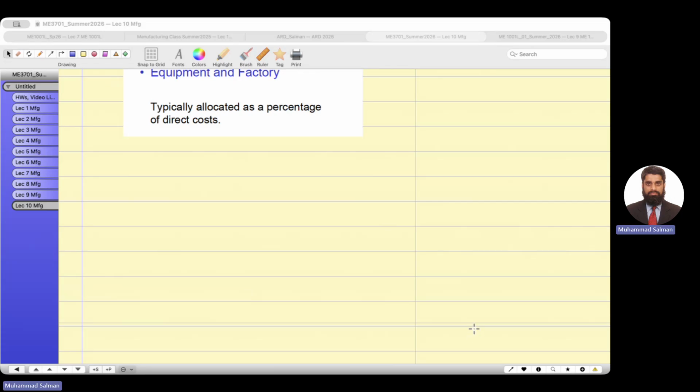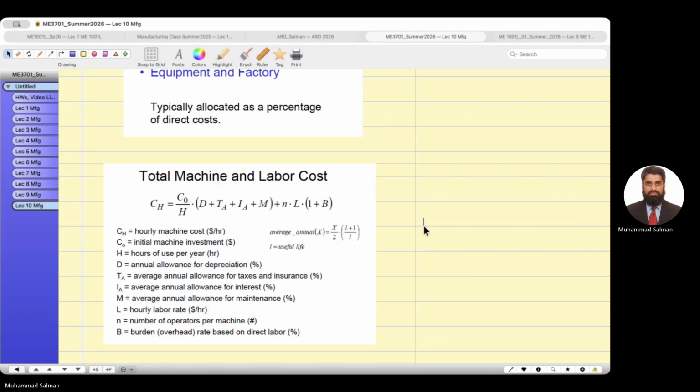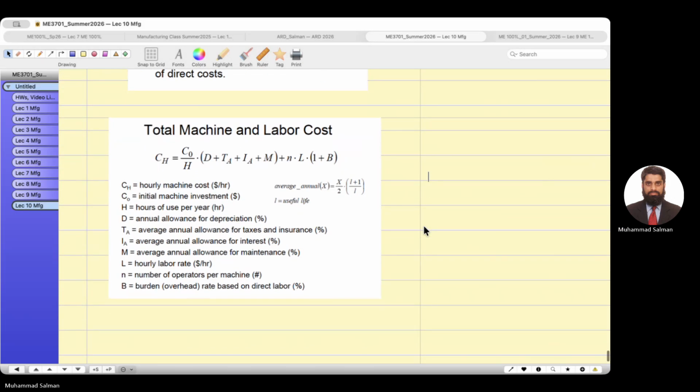Okay, the total machining cost. Hourly machine rate, machine cost. C0 is the initial machine investment. H is hours of use per year.